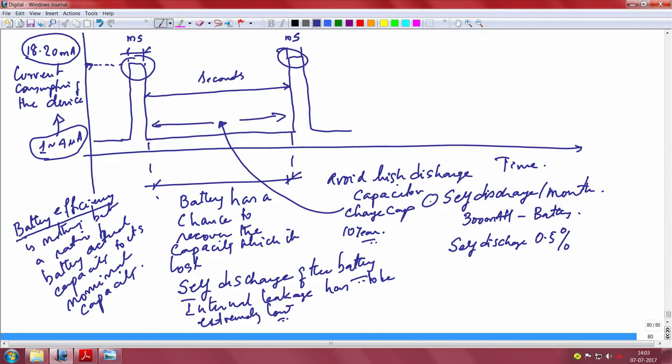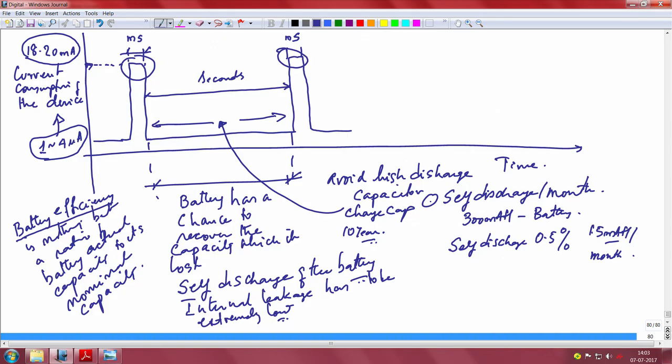This means you are looking at 1.5 milliampere hour of its capacity going down every month. Every month 1.5 milliampere hour worth of energy is going down.